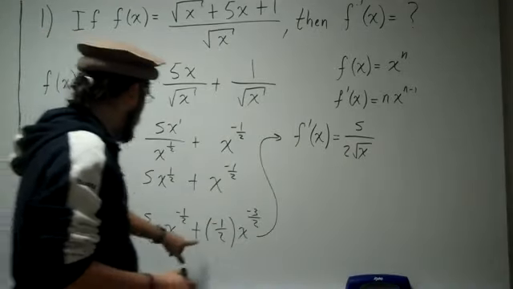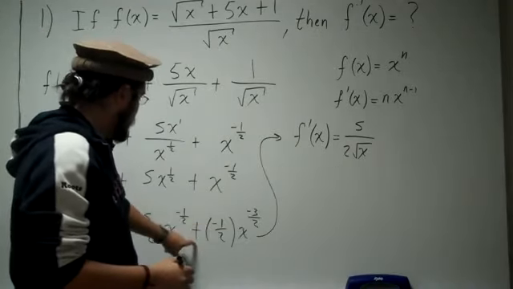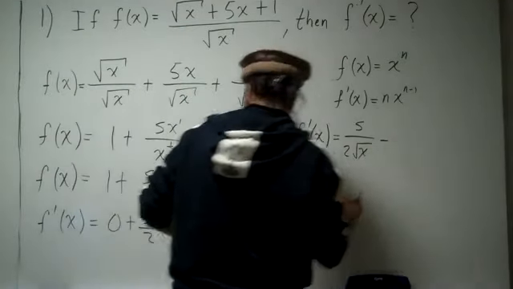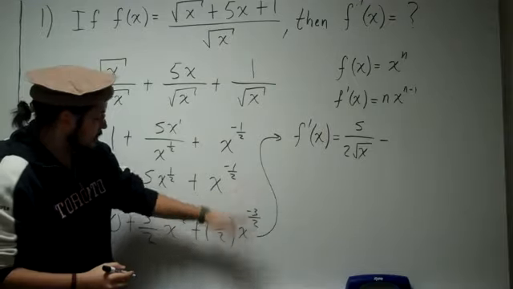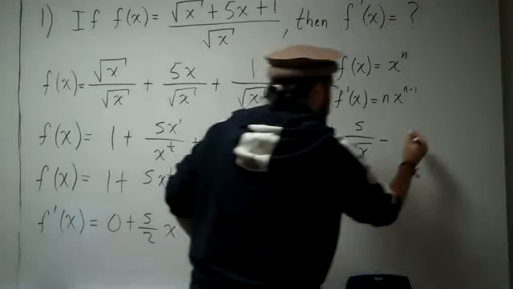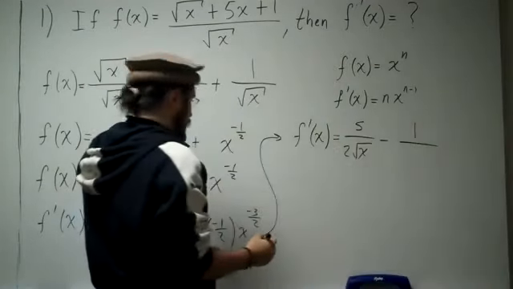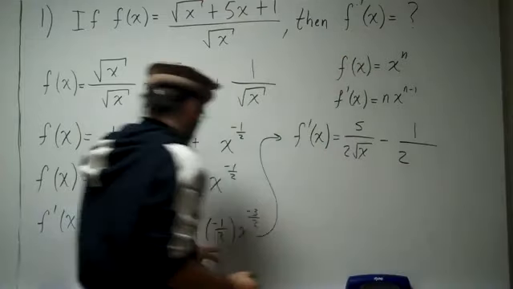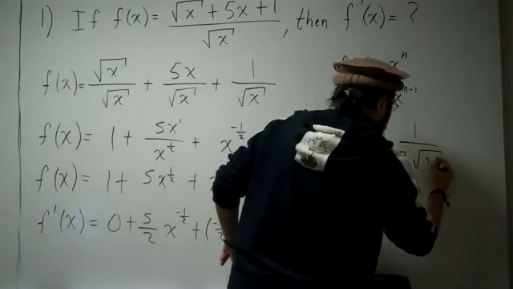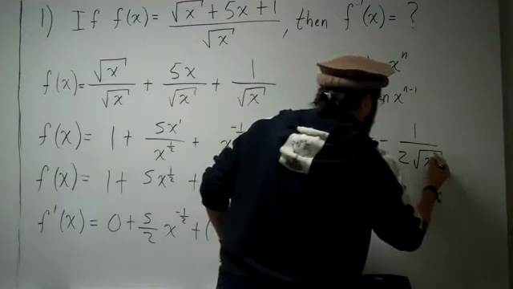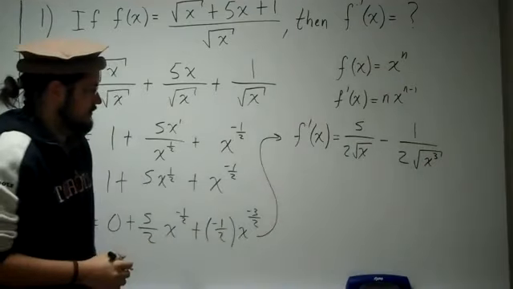And now minus times plus is minus. So you have minus, and we have x to the negative 3/2 on the top. We can bring that down, so we have 1 over 2 x to the 3/2.